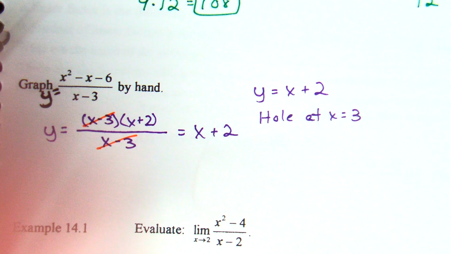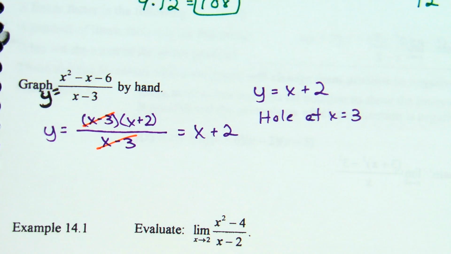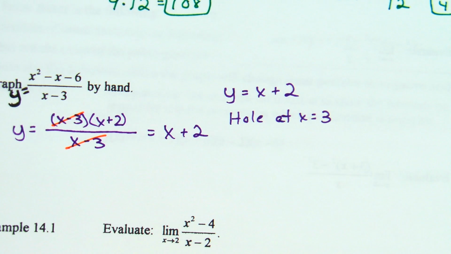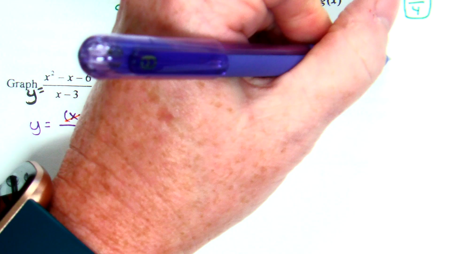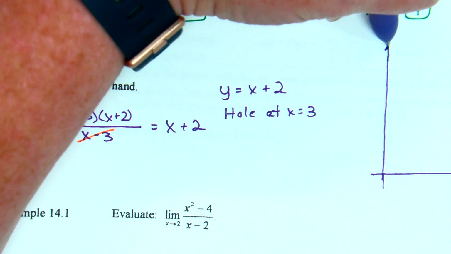So meaning, if you graph this on your calculator, it's going to look like the line y equals x plus 2. And unless you know to look at it, you might not even see the hole at 3. Okay, if you traced or something, it's there, but you wouldn't necessarily know. So if I graph this, let's see, x plus 2. I'm just basically going to do a first quadrant graph because that's enough for me.